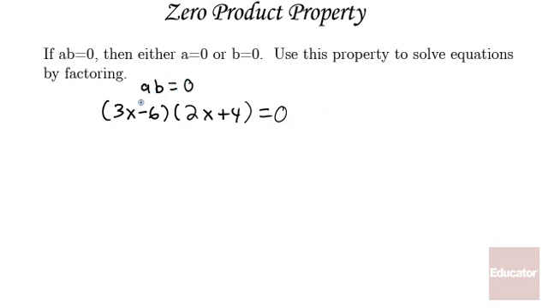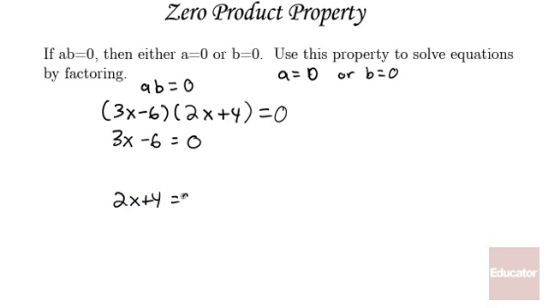Therefore, A must be 0, or B must be 0, or they both have to be 0. That's the only way I'm going to end up with a product that equals 0. So I can use that knowledge that A equals 0, or B equals 0, and apply it here. 3x minus 6 equals 0. I also know that 2x plus 4 may equal 0.